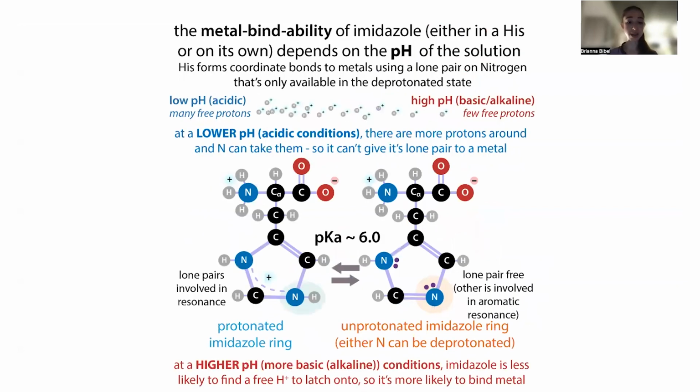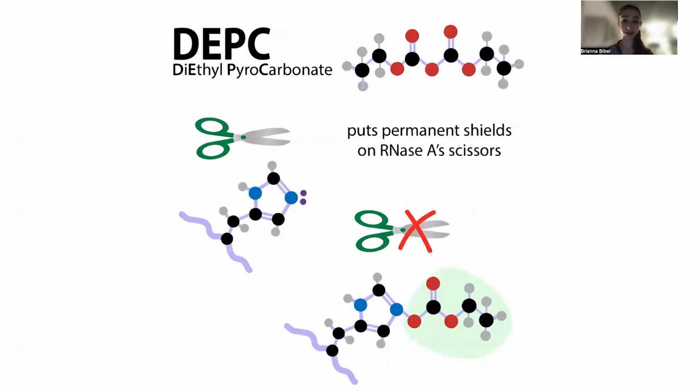And RNase A, not so cool in the lab. So we often have to try to inhibit it, such as by using molecules like DEPC. And so much more on this in my post on RNase A. But histidine is often going to be crucial in enzymes.